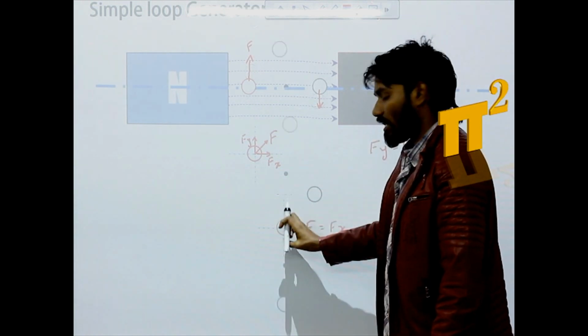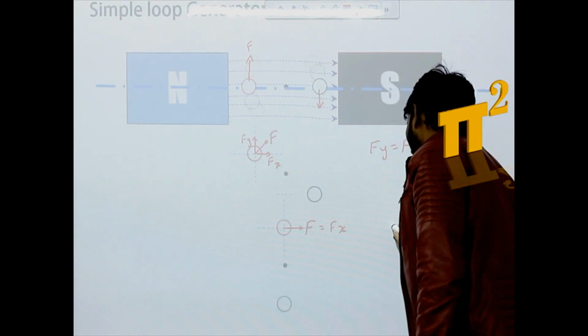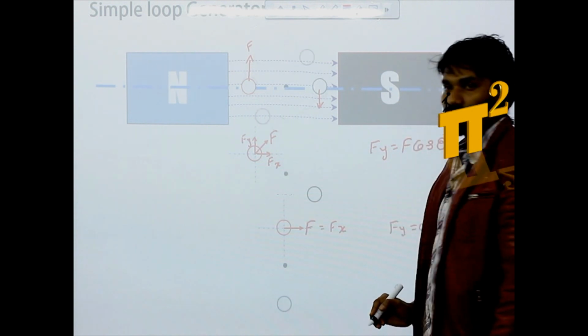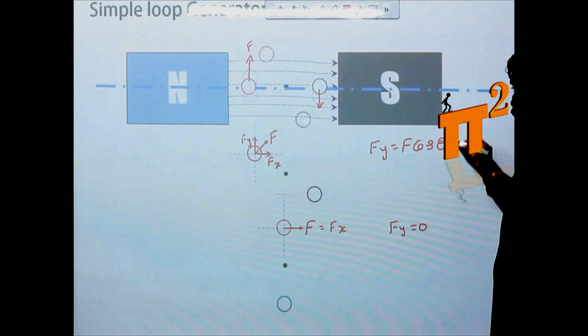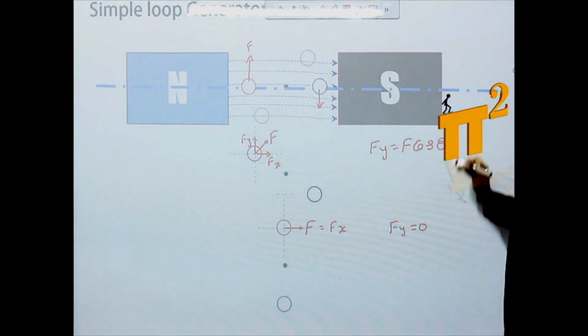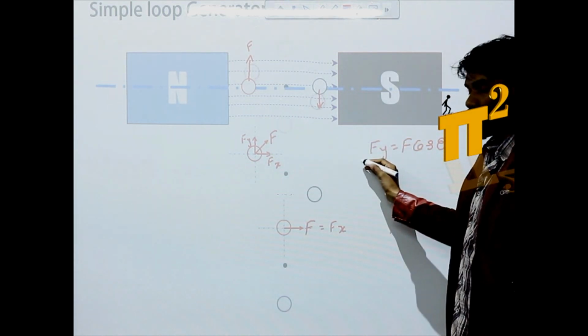There is no y-axis force at this instant. So here Fy is 0. From this relation also you can say, if theta is 90 degrees, cos 90 is 0. So Fy is 0. So this relation is always valid.